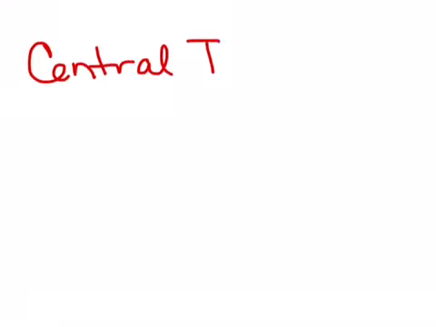The fact that the distribution of scores approximates a normal distribution is based on what's called the central limit theorem. Let me erase that so I can spell correctly. Central limit theorem.